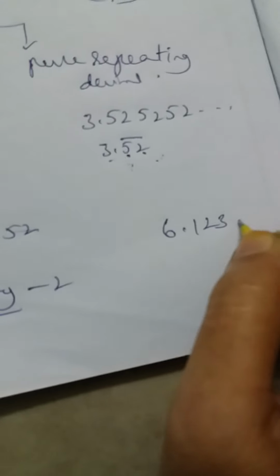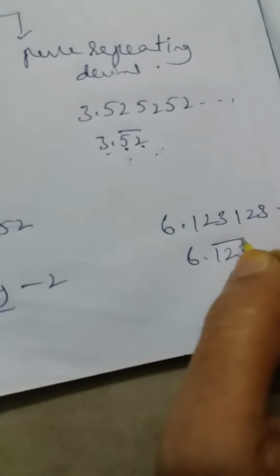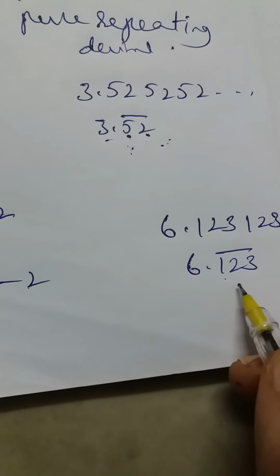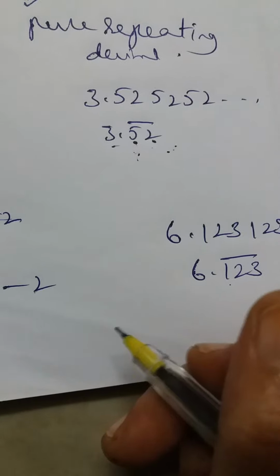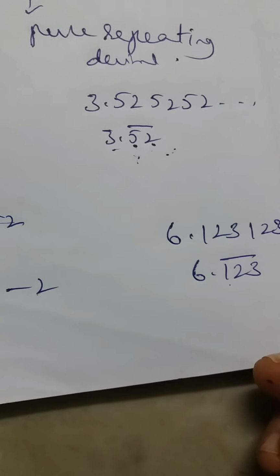One more example: 6.123123 and so on. Here the whole part 123 is repeating, so 123 is the period, and 1, 2, 3 are repeating, so the periodicity is 3. The periodicity is 3 and the period is 123.